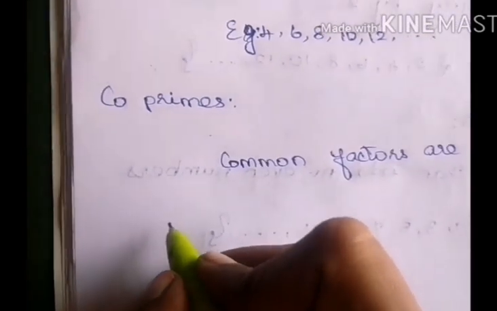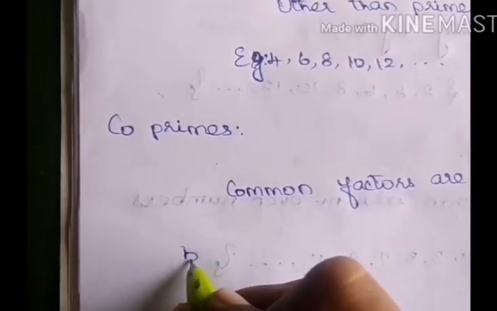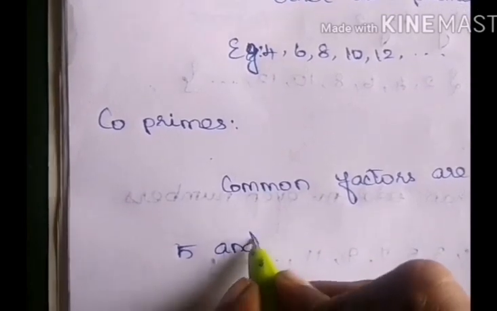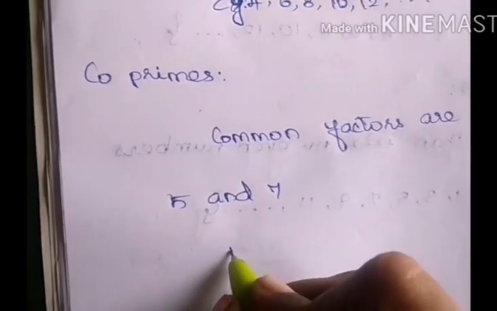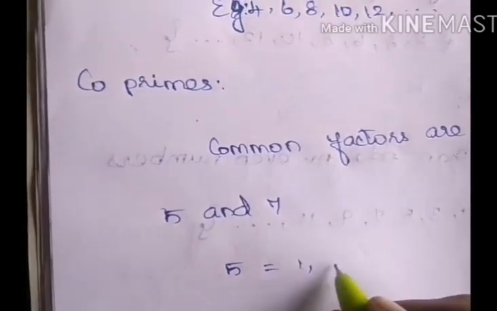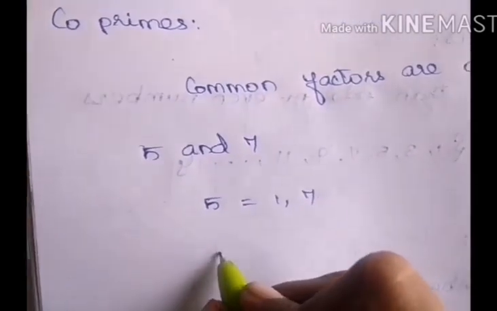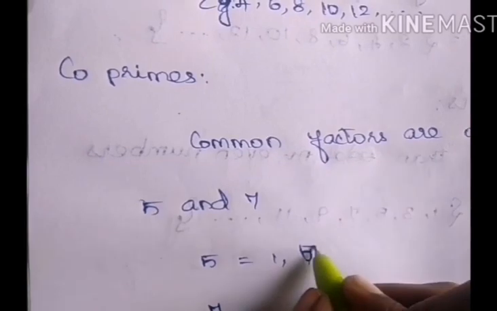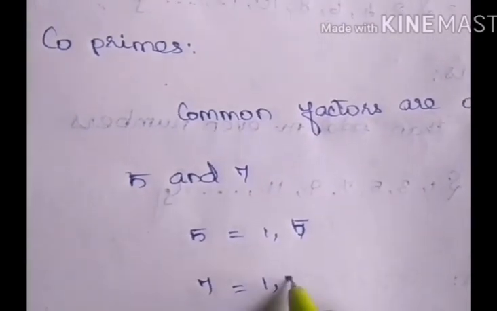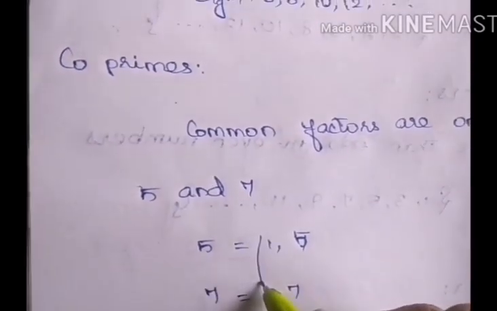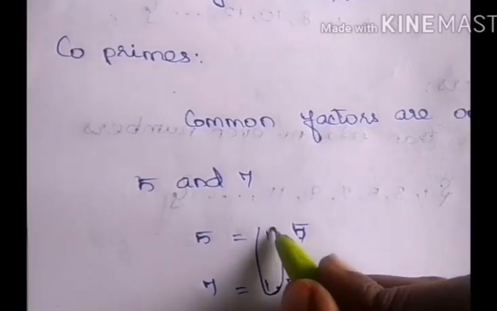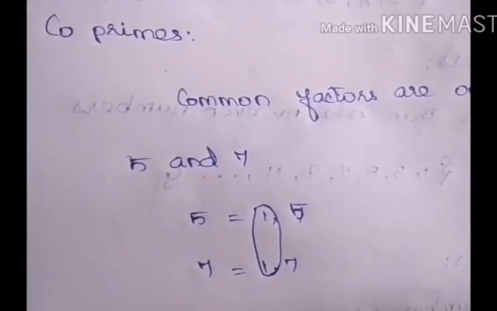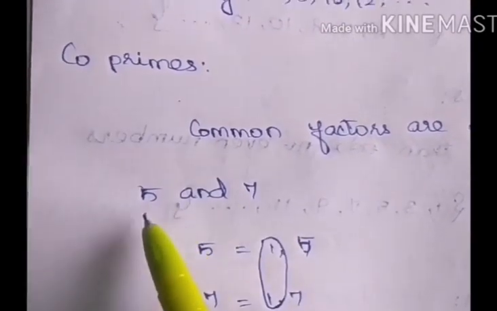For example, let us consider two prime numbers 5 and 7. The factors of 5 are 1 and 5. And factors of 7 are 1 and 7. Here the common factor is 1. Then we can say 5 and 7 are coprimes.